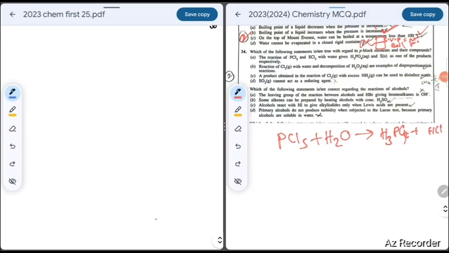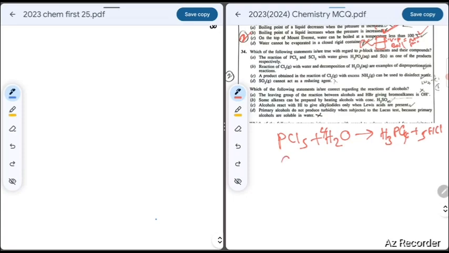Then in order to balance this, we have to put 5 HCl, then 4 H2O. So 4 H2 gives 8 H, 3 plus 5 is 8 H, and phosphorus is balanced. 4 oxygens are there and 5 Cls are there.